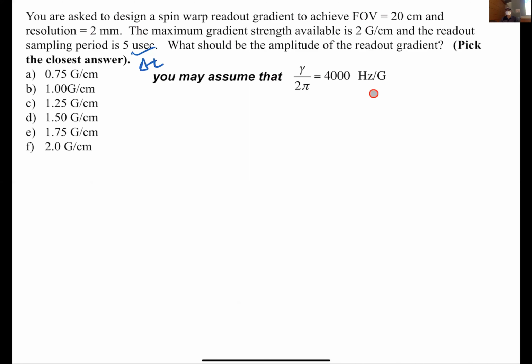You may assume that gamma over 2 pi is 4,000 hertz per gauss, so your calculation should be very simple to do. Go ahead and take a minute to look at that. Feel free to talk to your neighbors, and we'll regroup in a couple of minutes.